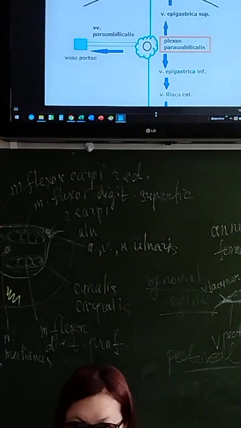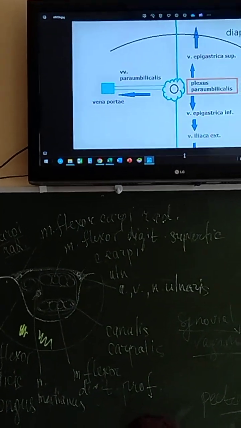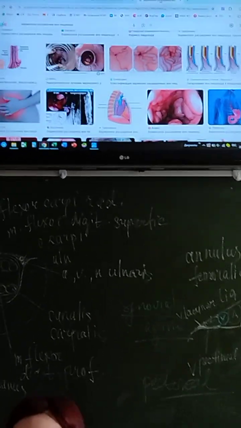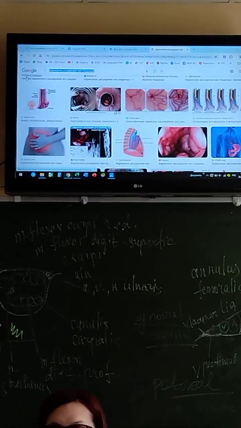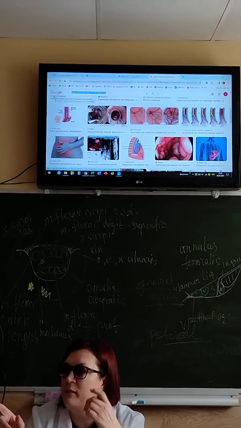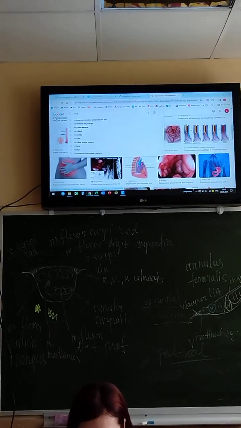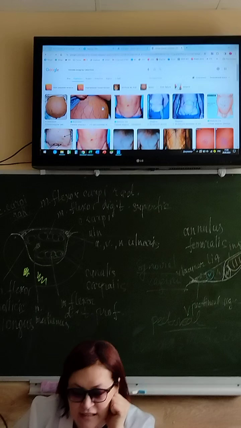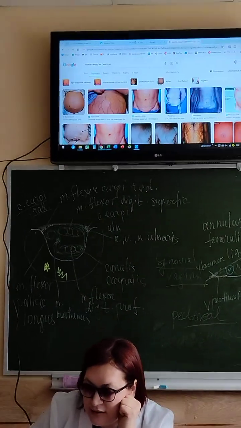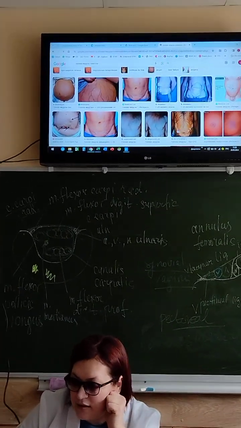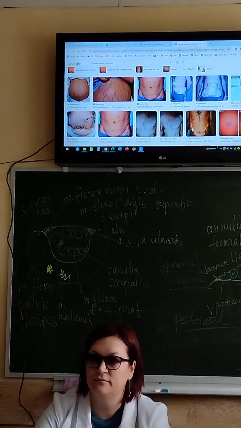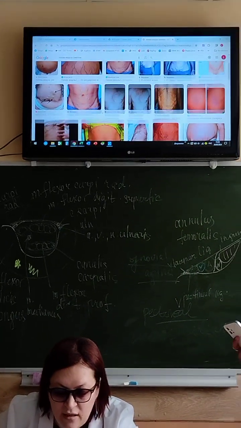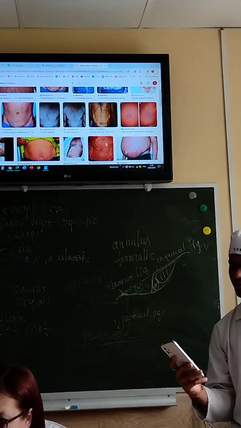After a long time the veins dilate, and we can see the head of Medusa. This is varicose dilatation of the paraumbilical veins of the paraumbilical plexus.